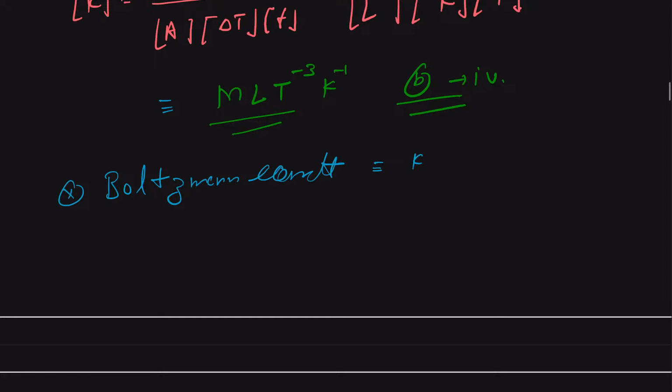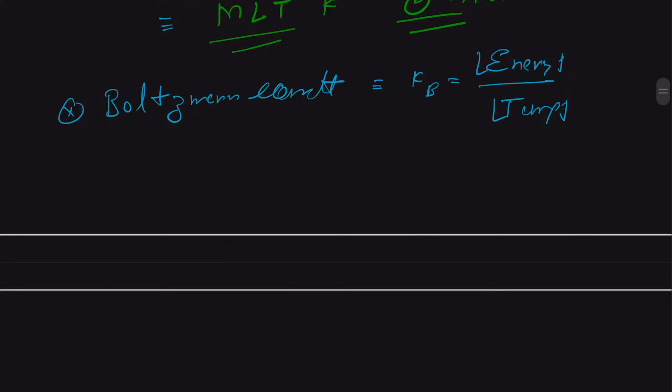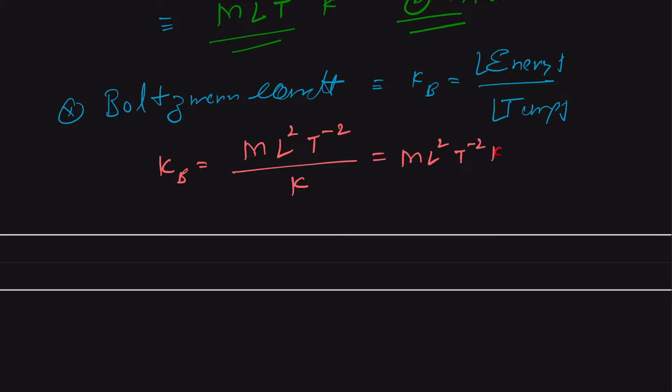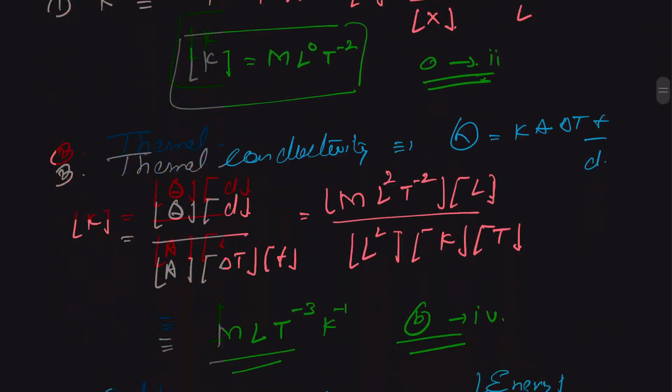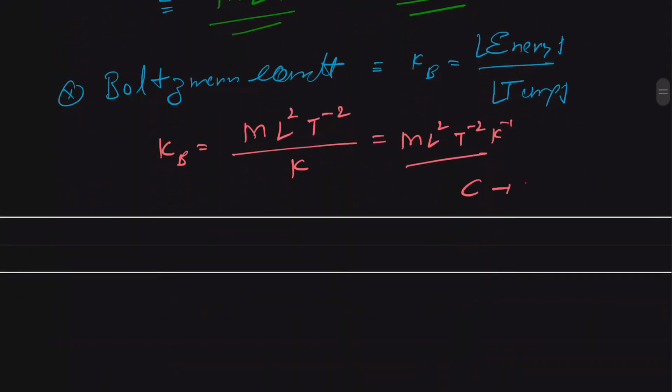So we can say our Boltzmann constant will be equal to energy upon temperature. So this gives us that our Kb, energy is ML^2T^-2, and temperature is Kelvin. So this gives us ML^2T^-2K^-1. So we have option number 1. So this is C, matches option number 1.